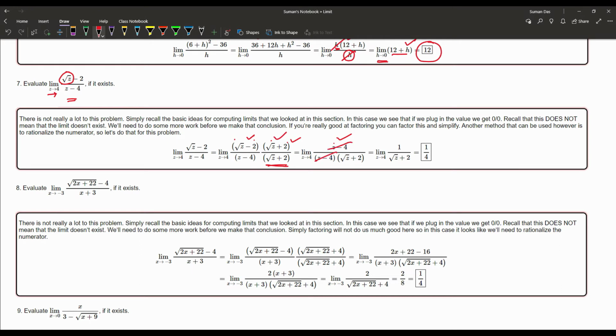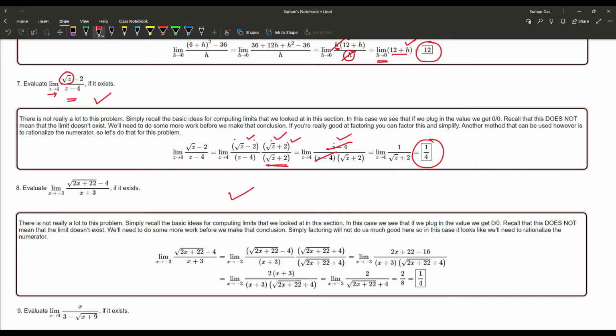So we can cancel the z minus 4 from here. So the function is now 1 upon square root of z plus 2. Now put the value of z as 4 here and we are getting the result as 1 by 4. So in that method, that is the conjugate method, we can also solve the functions which are containing the square roots. Let's check the next problem.